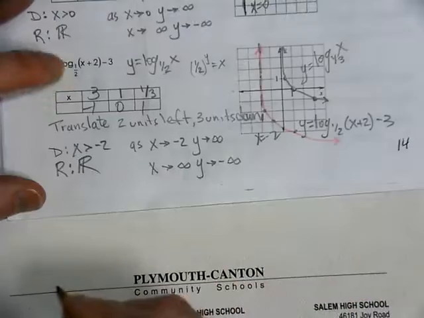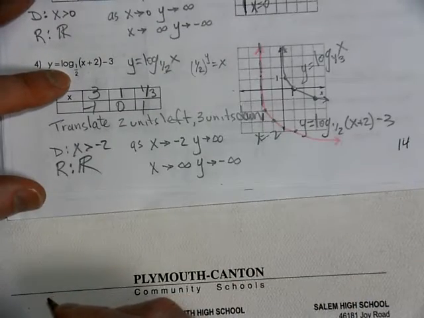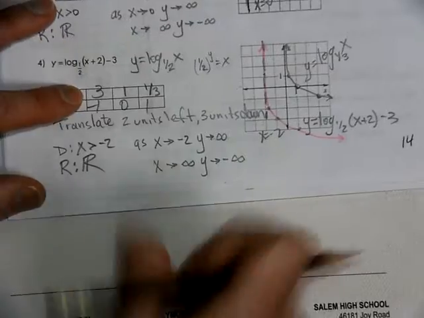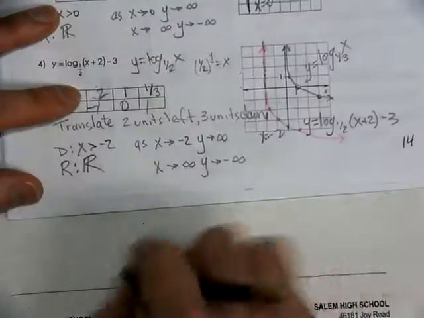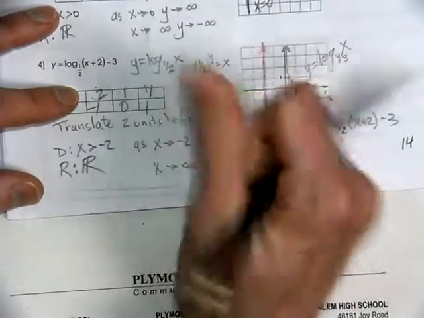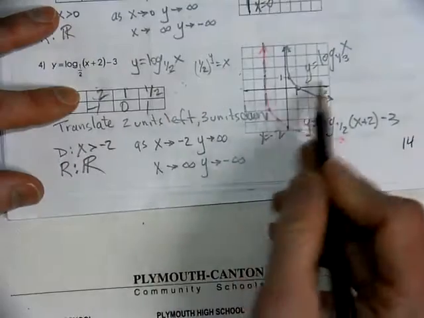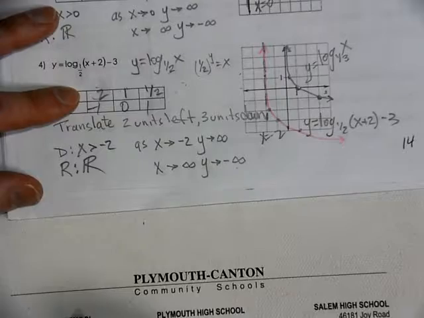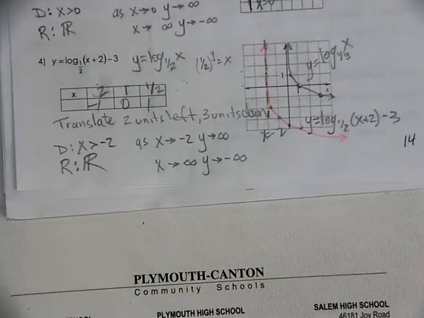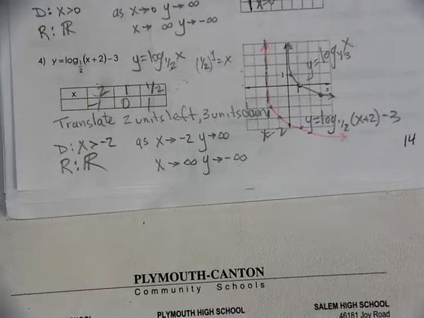It might just be easier to change the original equation. That would change this to a 2. That would change this to a 1/2. We'd have a little minor changes over here, but for the most part, the domain and the range and the end behavior don't change.